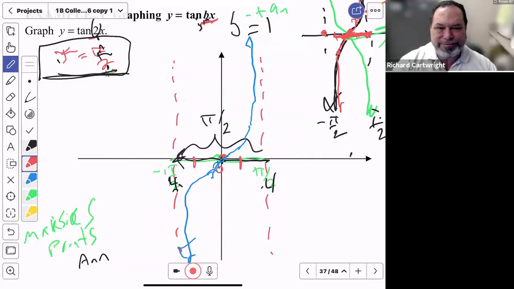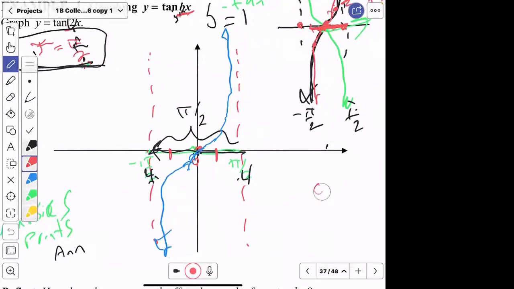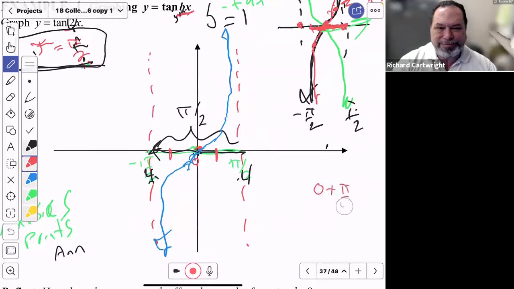So what's in the middle of 0 and pi over 4? Anybody? What's in the middle? I gave you guys a good shortcut: 0 plus pi over 4, divided by 2.